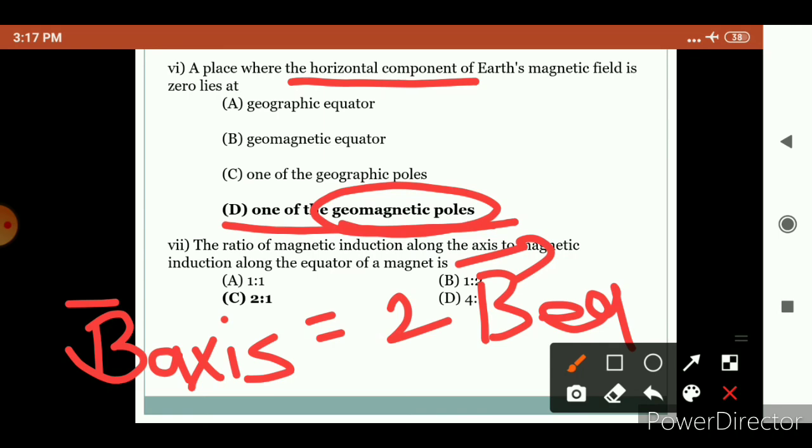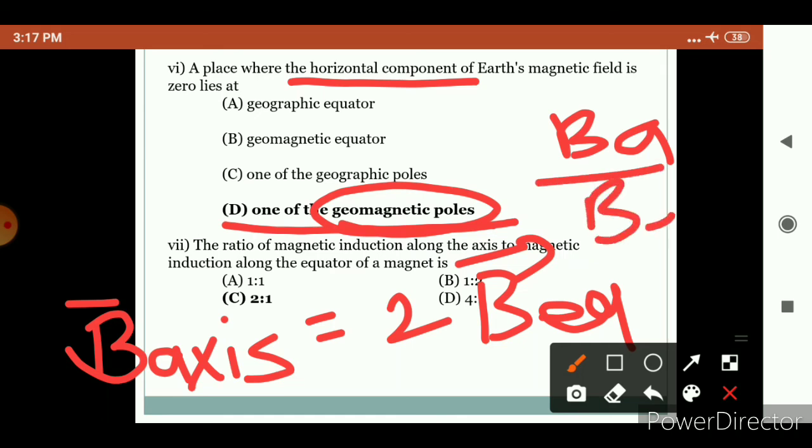So from this you can say that B axis upon B equator is equal to 2 upon 1. So the ratio becomes 2:1. So this is about the multiple choice questions from your book.